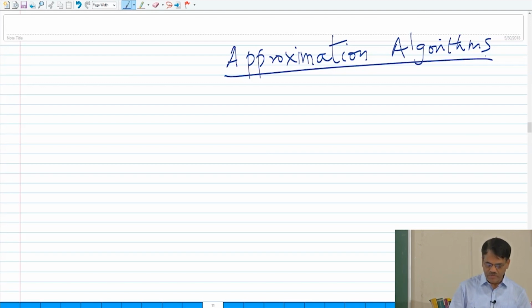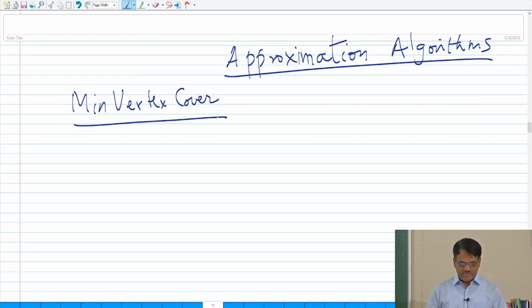Okay, so let us look at the minimum vertex cover problem. I have a graph and I want a subset of vertices that cover all edges. So, what would be a natural greedy algorithm?